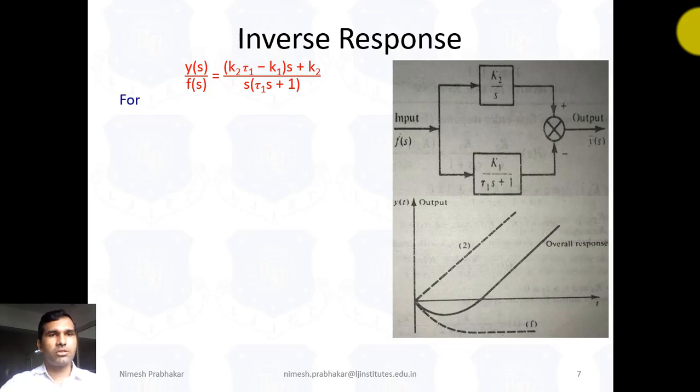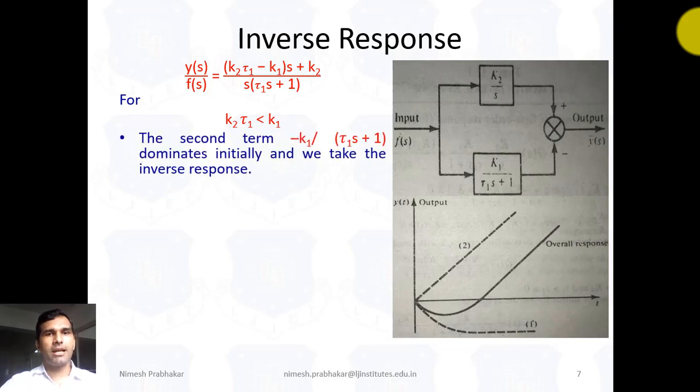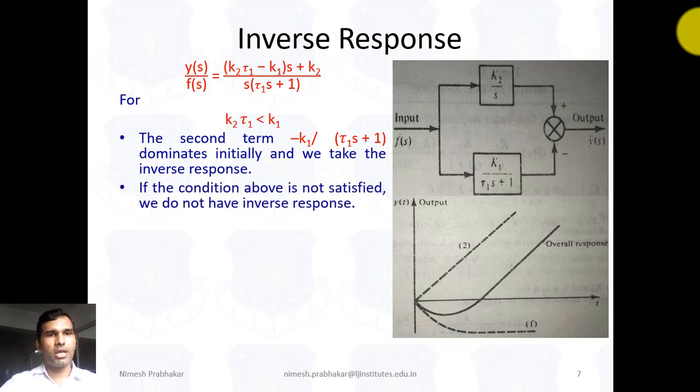This equation is true for the condition K2 tau1 is less than K1. The second term, minus K1 upon tau1 s plus 1, dominates initially, and we get the inverse response. So if the condition above is not satisfied, then we do not have inverse response.